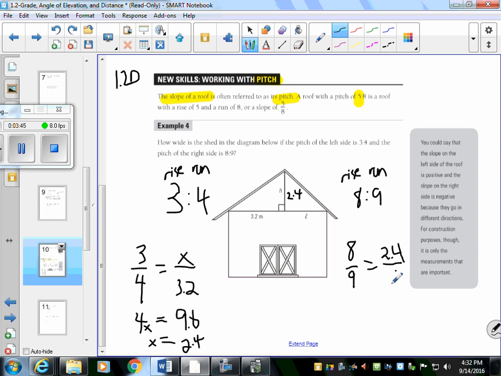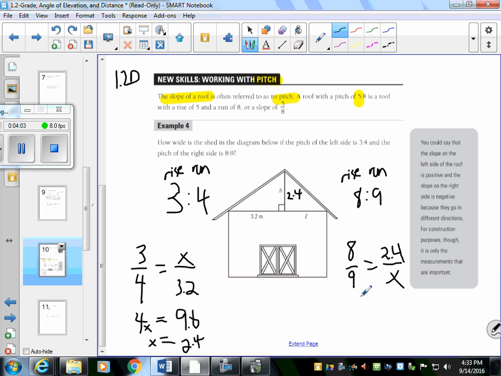And the run is the unknown, that length. Now it's really hard to write the L's, so lots of times I just write X's anyways. I just am able to solve X's that much better because then I'm not confusing them with other numbers. So I'll write it with an X.